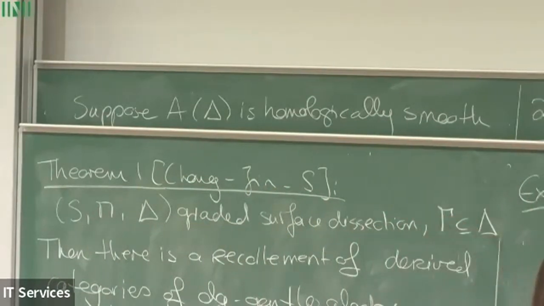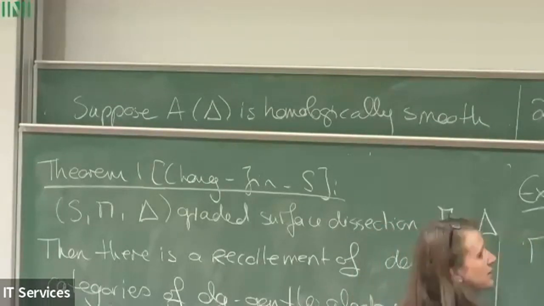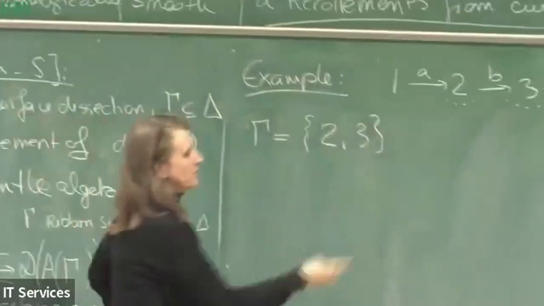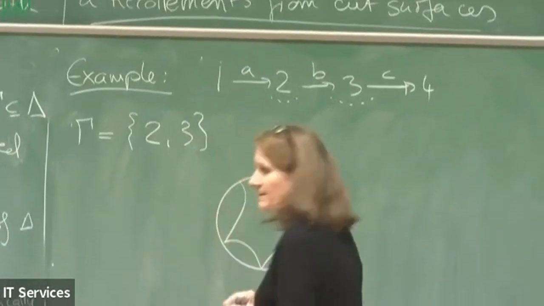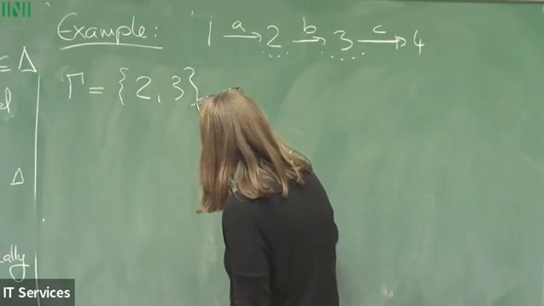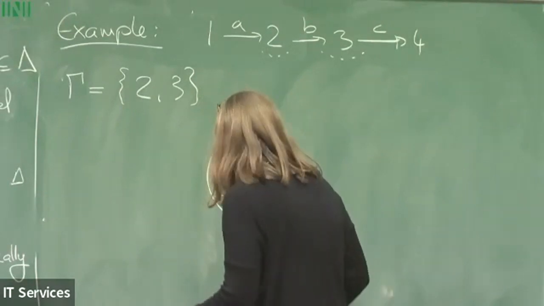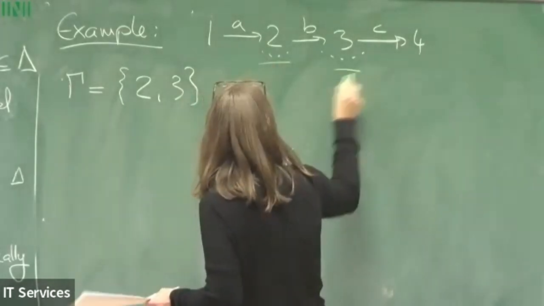Let's take as a quiver something simple: A, B, C. It's linear oriented type A with two relations. And let's take as cutting set 2 and 3. So our algebra corresponds to this surface dissection 1, 2, 3, and 4. We have the arrows A, B, and C. Right now we cut here and here.